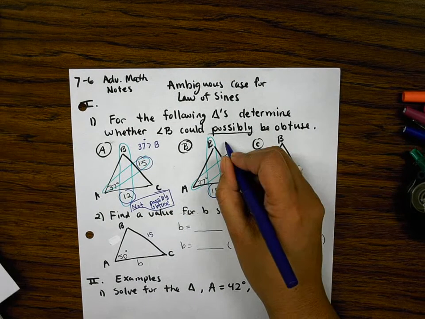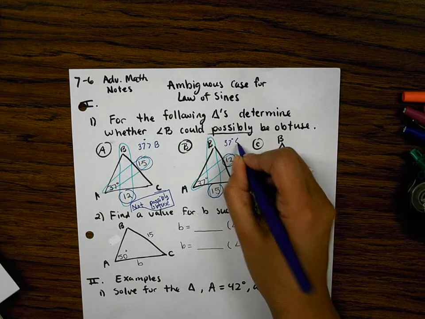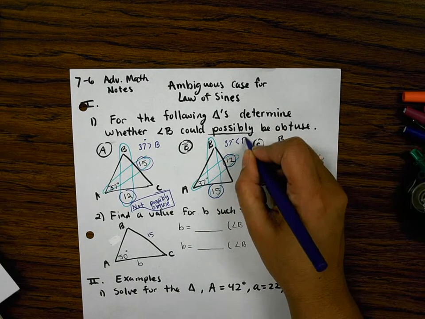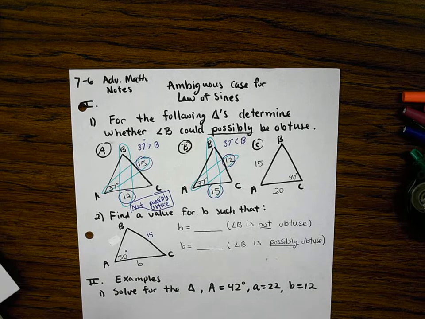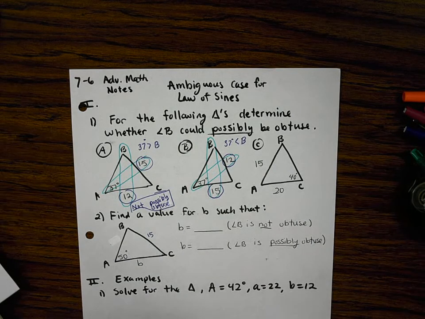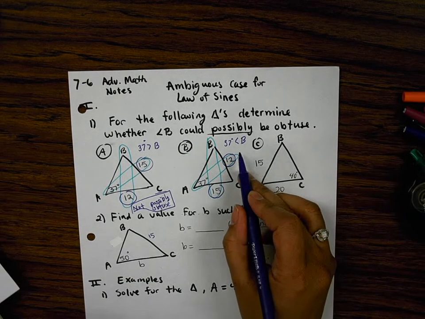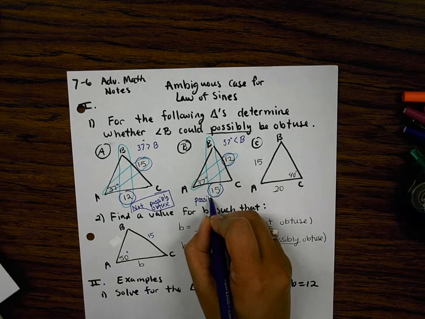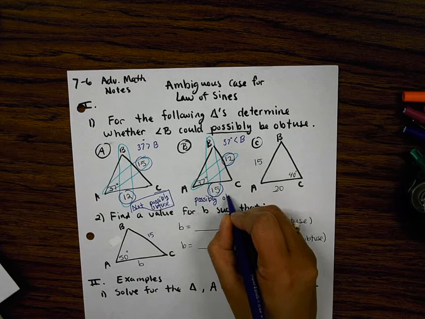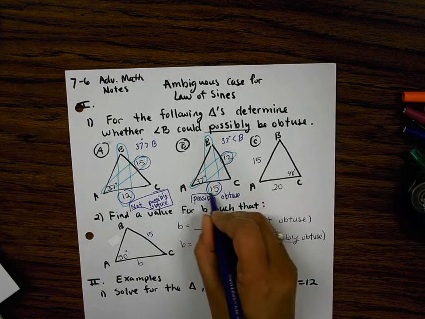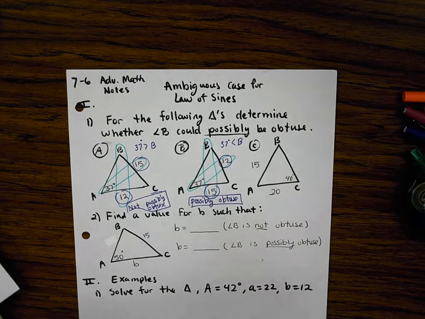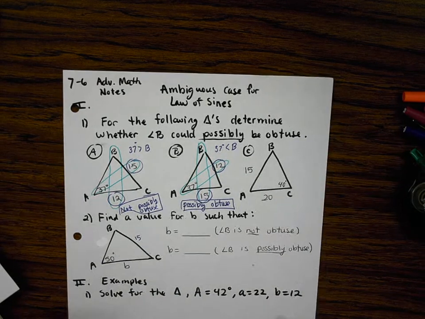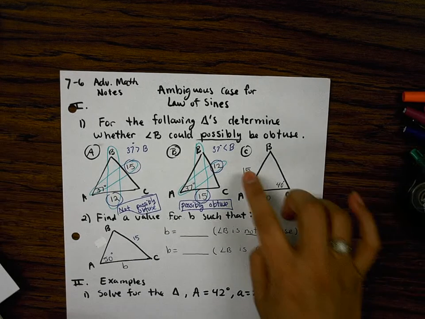That means 12's corresponding angle, which is 37 degrees, is smaller than 15's corresponding angle, which is angle B. That means angle B is possibly obtuse. We do not know how much bigger, but because it is bigger, it could be an obtuse angle. And there's a reason why we're talking about this. Let's just finish here, and then we will write down and discuss why.